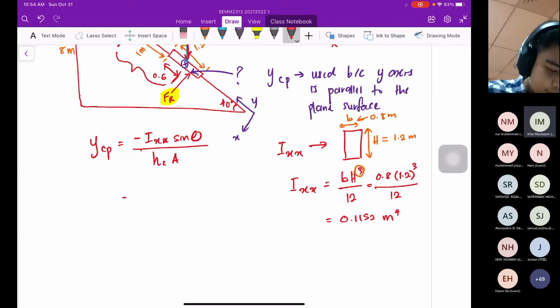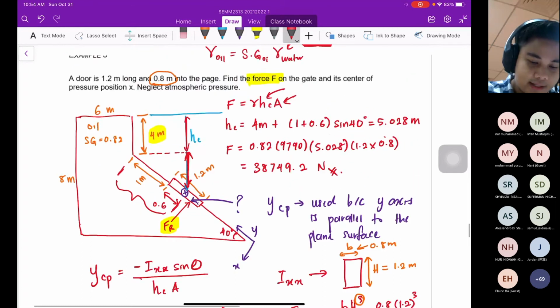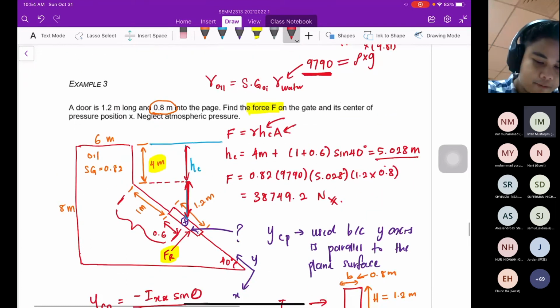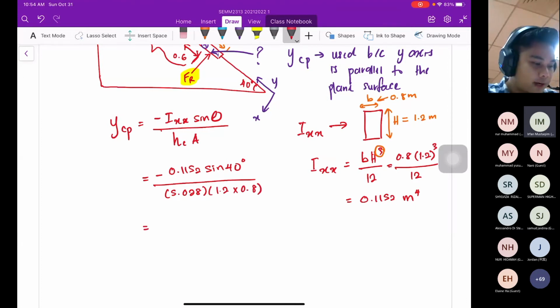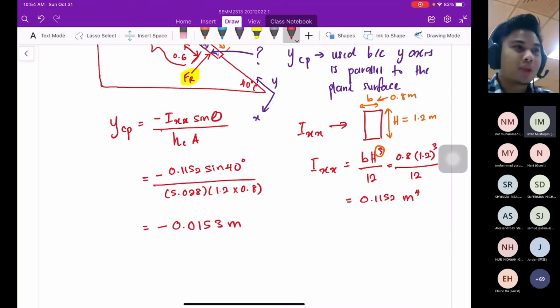Then substitute here: negative Ixx, 0.1152, sine 40, over HC, which we discovered is 5.028, multiplied with the area of the door, which is 1.2 multiplied with 0.8. And then the final answer should be negative 0.0153 meter. You discover that this value is negative.